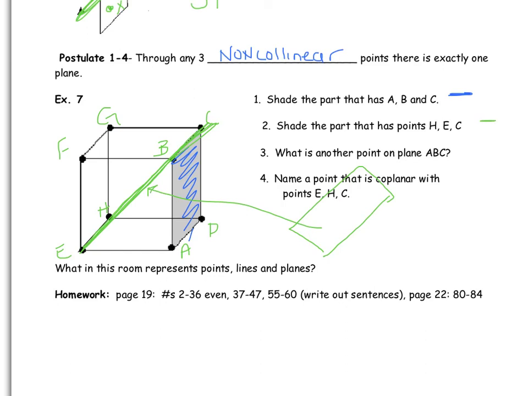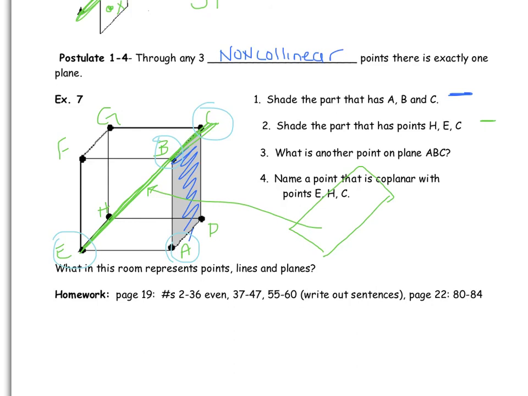Number 3, what is another point of ABC? Oh no, we are doing ABC. Let me erase my missing line here. Ignore that E because it's not supposed to be there.